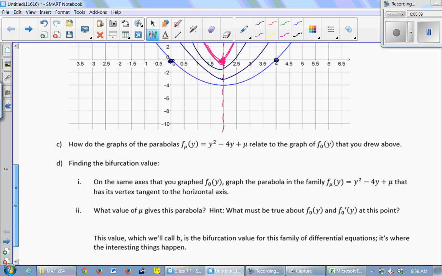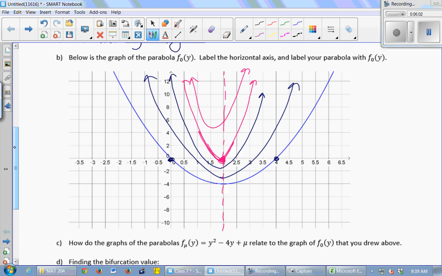I definitely have to do something with the derivative of that parabola. The y coordinate of this minimum value is another way in. You can use the derivative too, but I'll do it both ways. This point right here is at (2, -4).